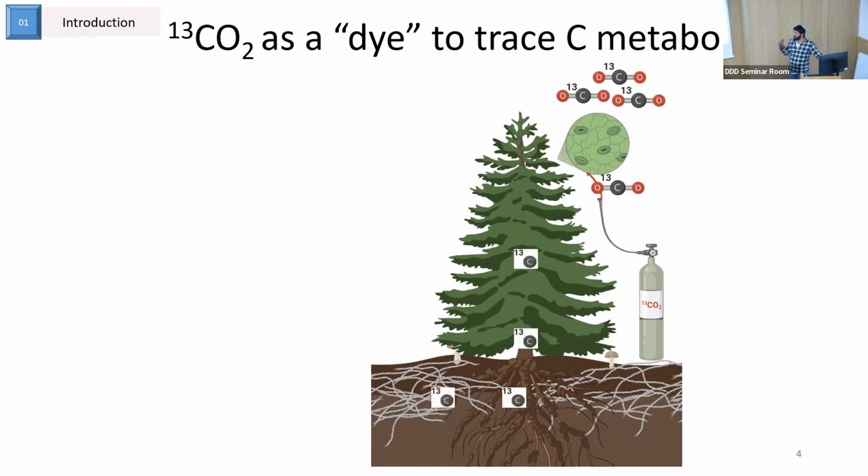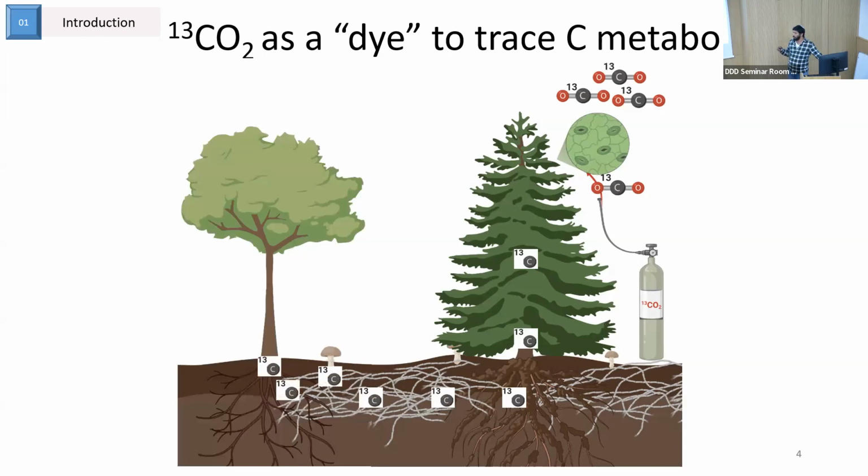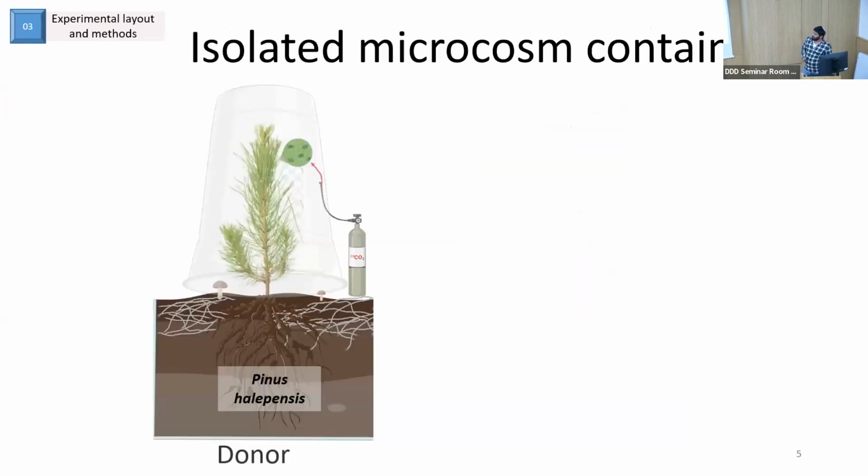Later, it transferred it to its roots. And later, as we know from other studies, it can be transferred to the fungi and also to neighboring trees in the forest. So we could collect the tissues from these different pathways and try to locate the exact metabolites that contain this carbon-13 that was transferred from the donor tree.